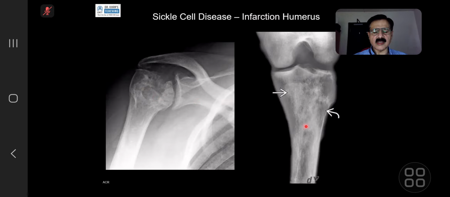On the other hand, here you can see a lot of patchy calcification, which extends into the medullary cavity. Now, here I want you to differentiate between the terms AVN, avascular necrosis, versus infarction.